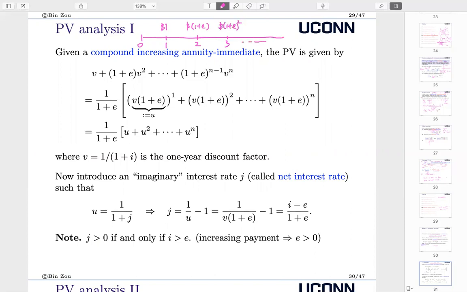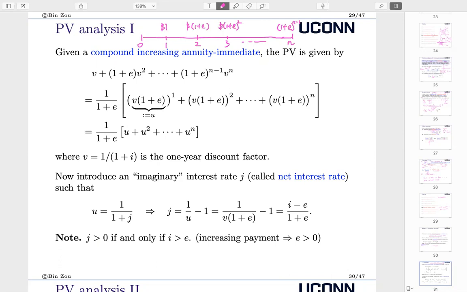It goes on and on. At the final point, the payment is (1 plus e) to the power of n minus 1. Okay. So this is usually what I do in the first step: draw a timeline and label all the points at the corresponding time points. So like $1 is at time 1, like 1 plus e is at time 2.